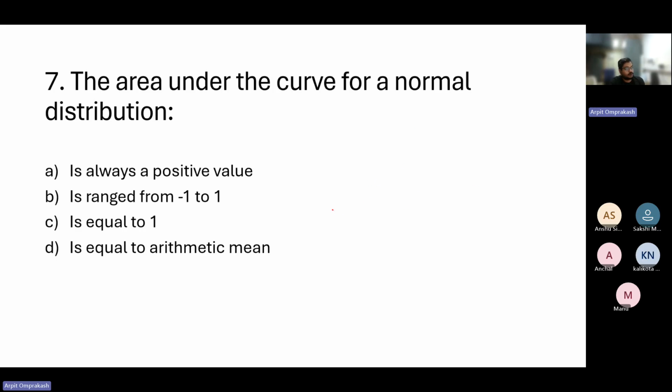So we are talking about a normal distribution here, right? What we are asked is the area under the curve. Since it is the area under the curve, it cannot be a negative value, right?